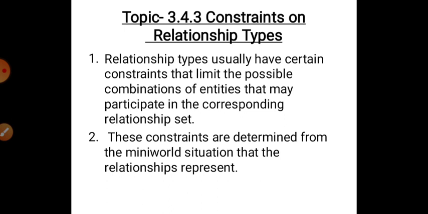What is the existing situation? For example, in a company there are two entities, department and employee. In a department, a number of employees can participate, so the ratio will be 1 is to 1 department and a number of employees, that is 1 is to n.